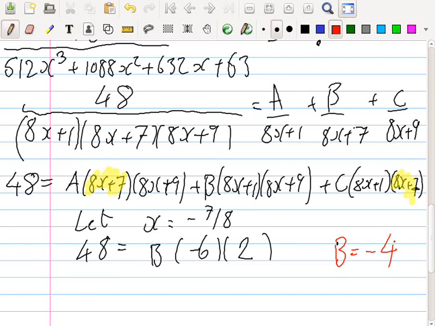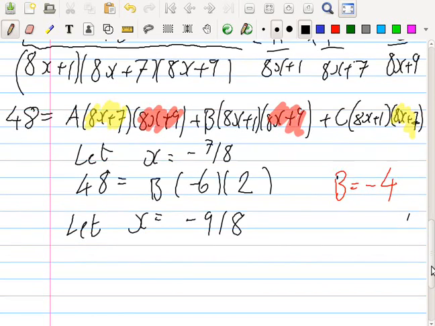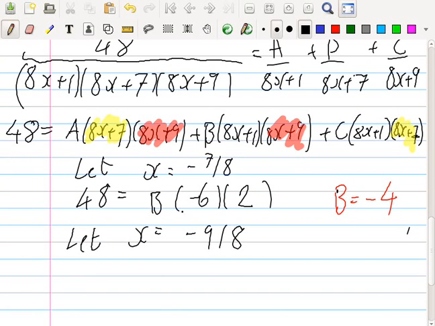Okay. Why did you choose 7x minus 700? To cancel the yellow parts. Why didn't you choose 8x plus 9? That's what I'll do next. So if I look at now 8x plus 9, if I say let x equal minus 9 over 8, what happened to the red pieces?